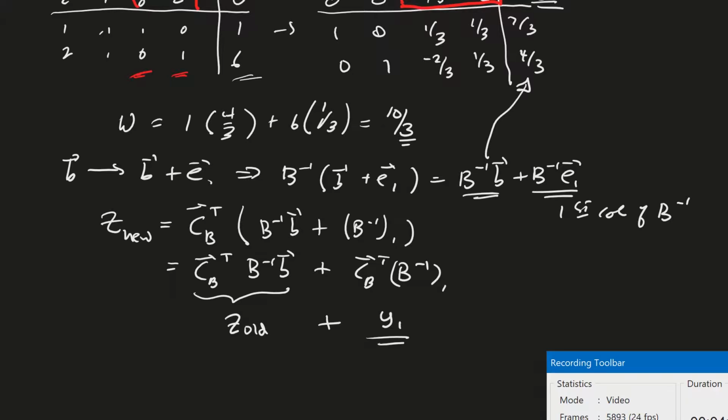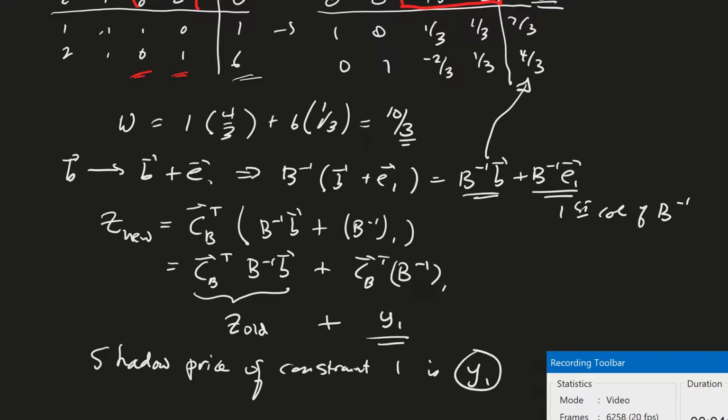Yes, and so the shadow price of constraint 1 is y1. Very nice.